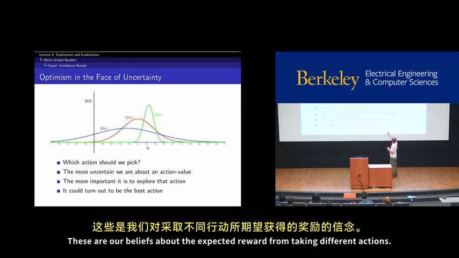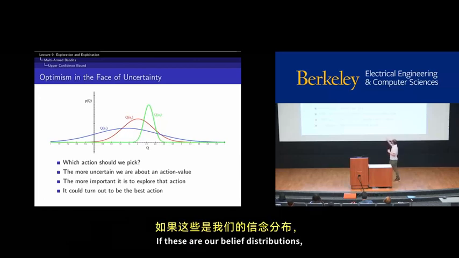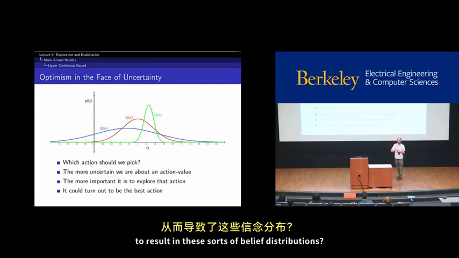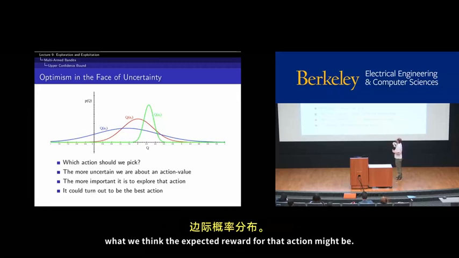These are our beliefs about the expected reward from taking different actions. So put up a 1, 2, or 3. If these are our belief distributions, which action do you think we have probably taken the least to result in these sorts of belief distributions? So this is the marginal probability over what we think the expected reward for that action might be.